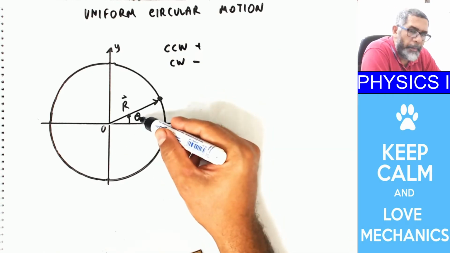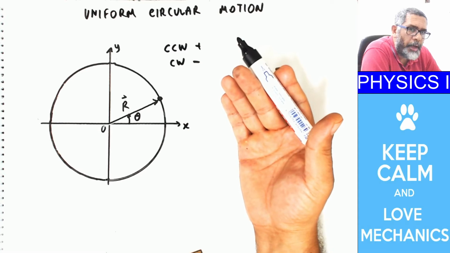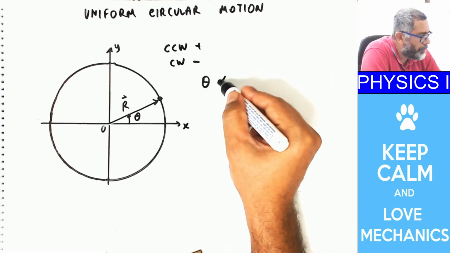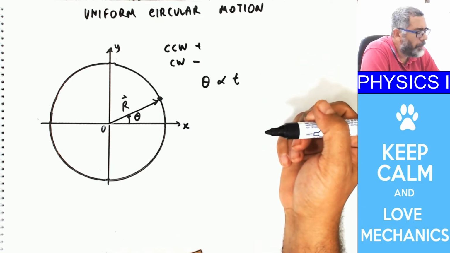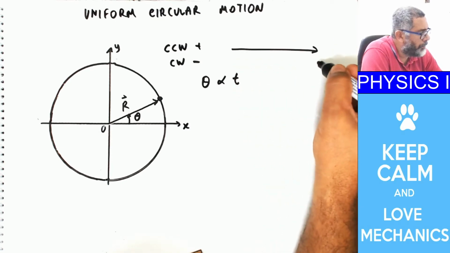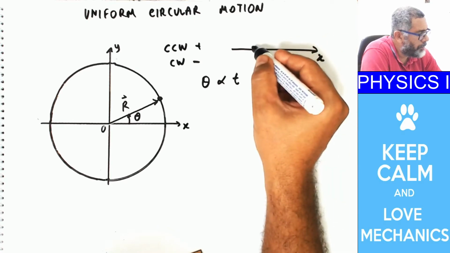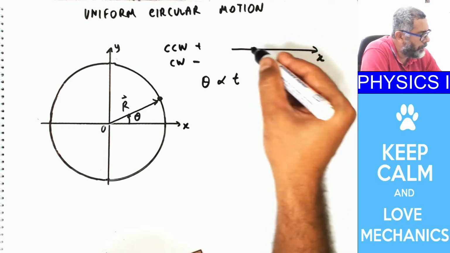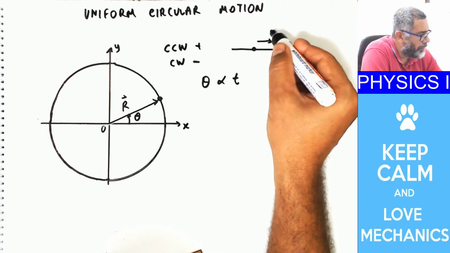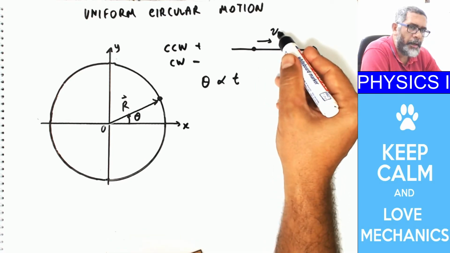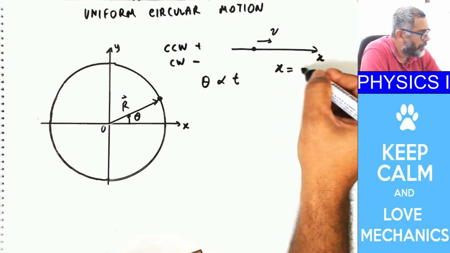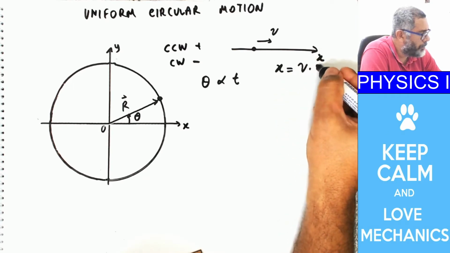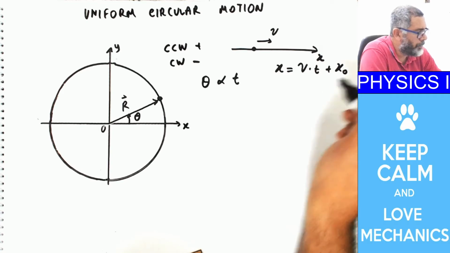That means theta, the angle, is proportional to time, right? Just like an object going at constant velocity along the x-axis, with v being the constant velocity, we usually write x equals v times t plus some initial position.